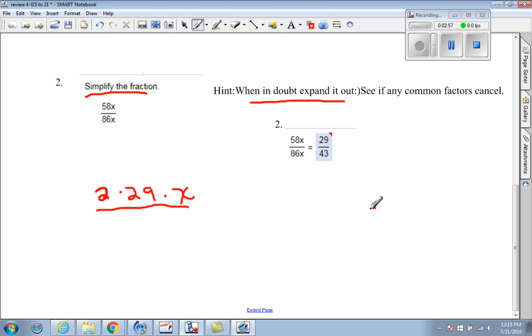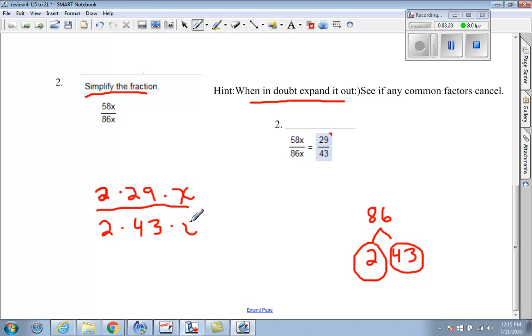Now you might have to go off on the side with 86 in terms of breaking it into its prime factorization. So you might be looking at it like, okay, 2 times 43. 43 is prime. We cannot find a number that goes into that other than 1 and itself, so I'll just circle both of those. So now I'm going to record here, when in doubt, expand it out. So 2 times 43 times x.